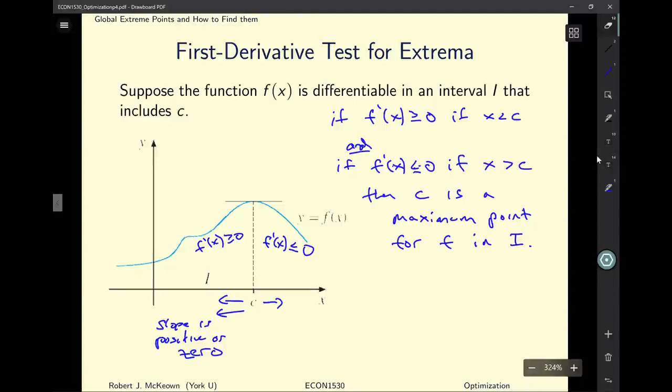Not strictly increasing, but it's increasing when we're to the left of c. And if we're to the right of c, if x is greater than c, then the slope is negative or 0. And in this case, it's strictly negative. If I draw those little tangent lines here, you can see that it's downward sloping.